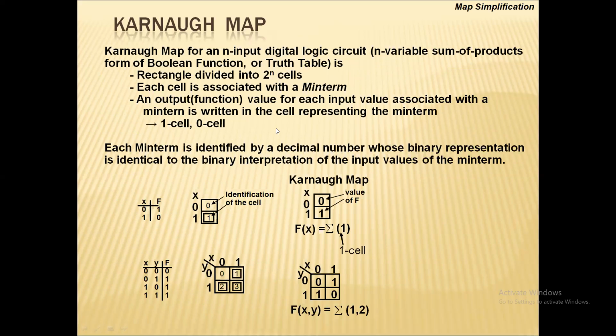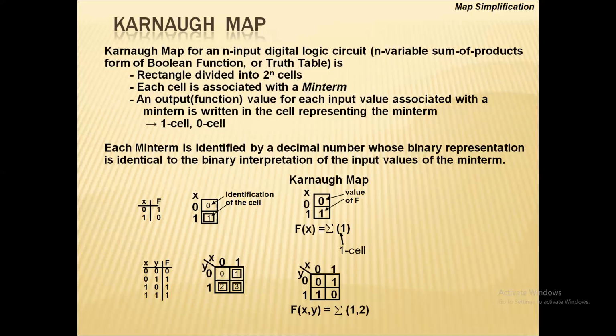If you are having 2 variables, then the number of cells will be 4. Suppose you are having 4 variables, then the number of cells increases to 4 into 4, that is 16 cells.